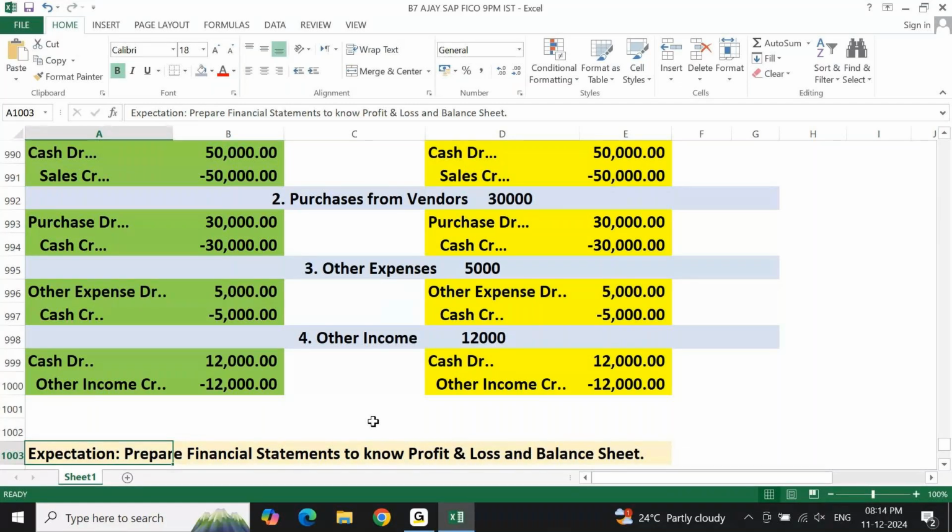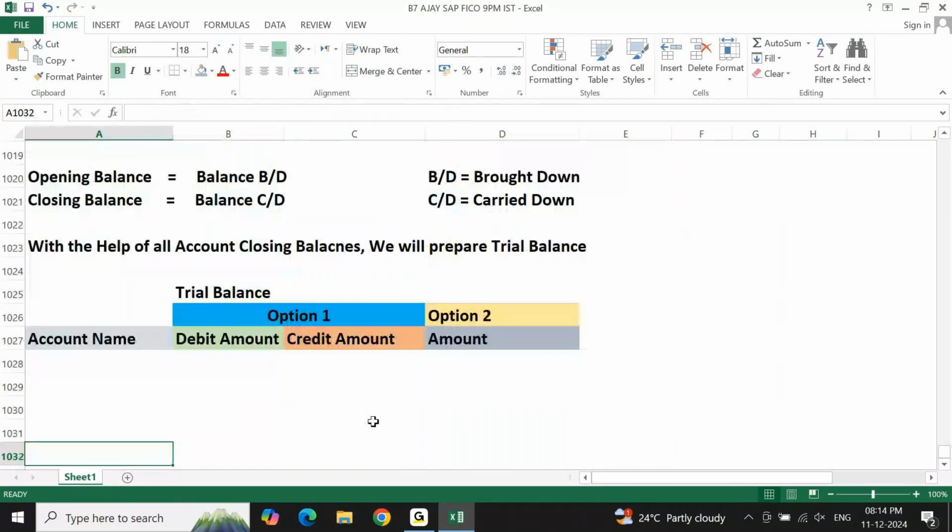Currently, other than one account, every account is representing only one time. Which account is repetitive here? Cash. Cash account is repetitive. Other than cash, everything is appearing a single time. So have a note on this: cash, sales, purchase, other expense, other income. So that when I come down, you will be able to assist me to write this.